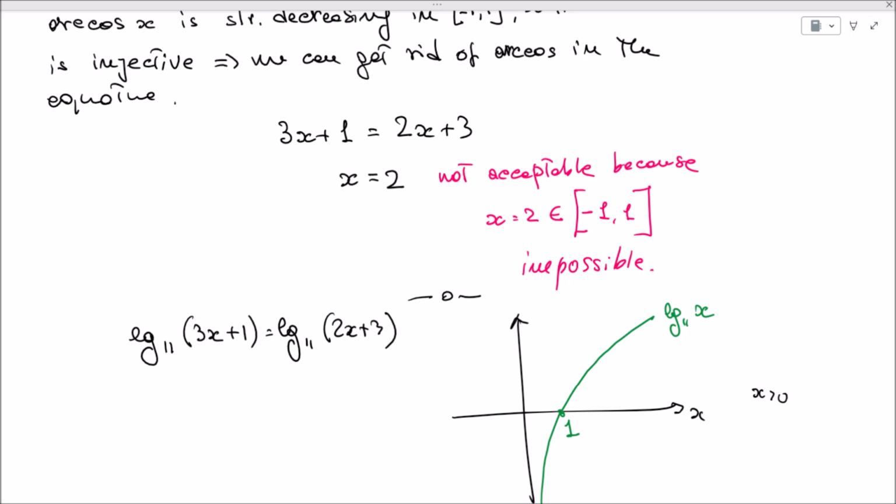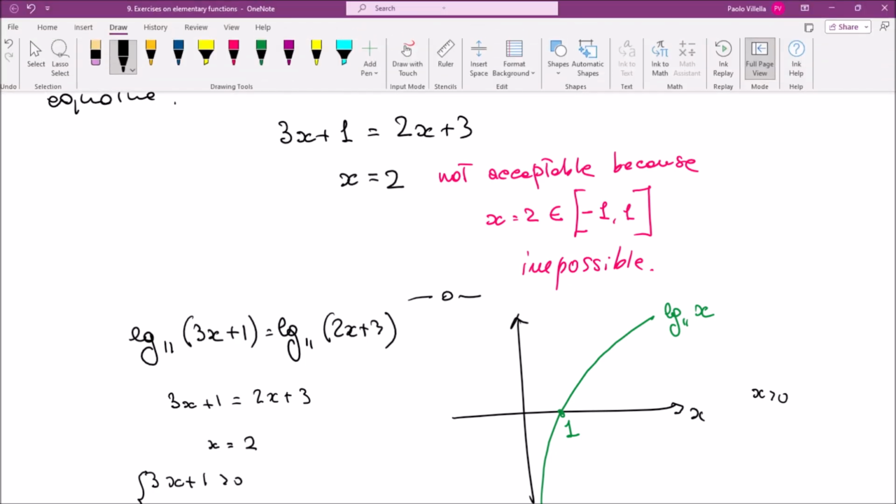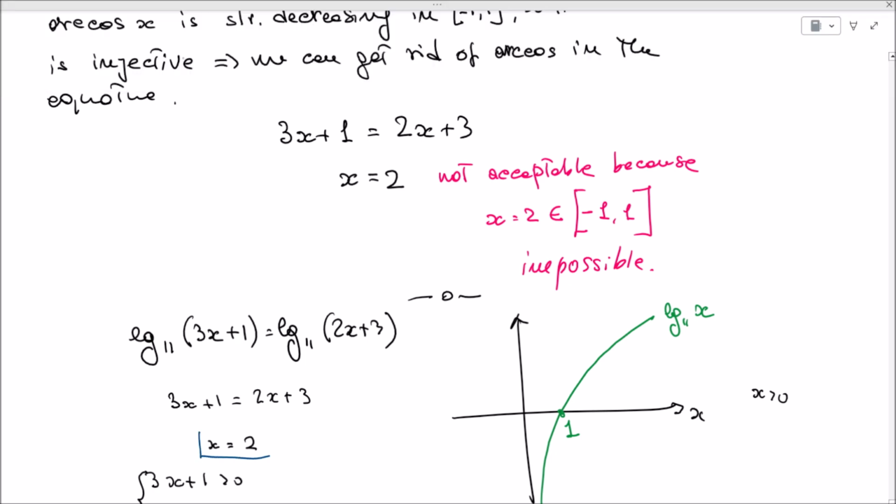So we can write 3x plus 1 equal to 2x plus 3, and then finally solve for x equal 2. But then we need to check that 3x plus 1 is larger than 0 and 2x plus 3 is larger than 0. And in fact, we can do this, right? We can say that this is indeed a solution.